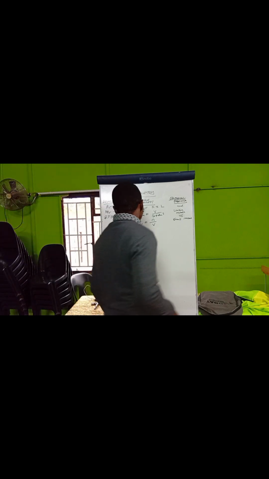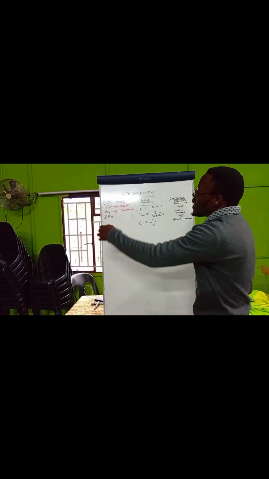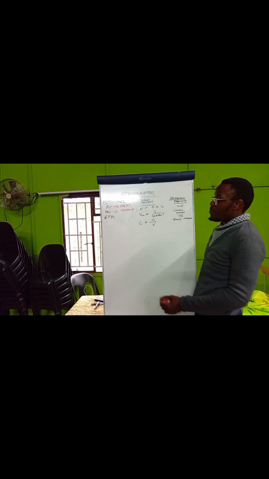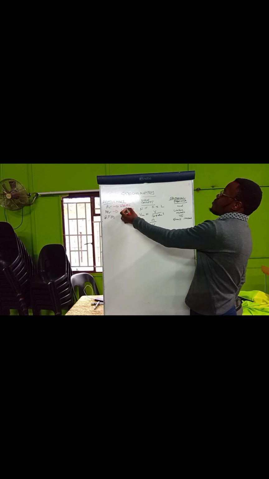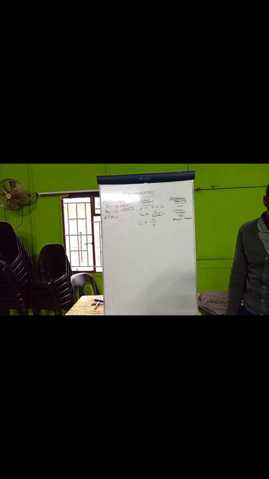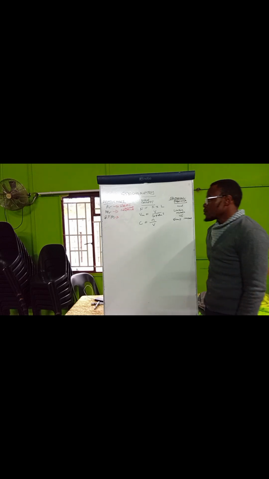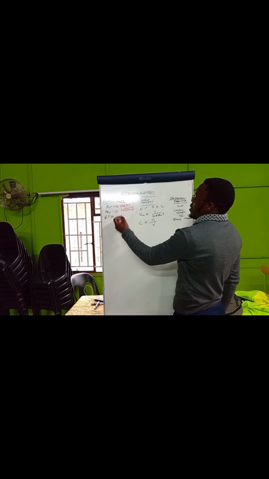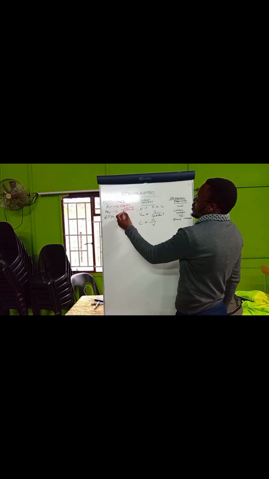Now, when you're looking at the relative molecular mass, not the molar mass, you're looking at covalent compounds. Then the RFM, because these are not molecules but ionic compounds, we call them the relative formula mass. So covalent, and this is ionic compounds.